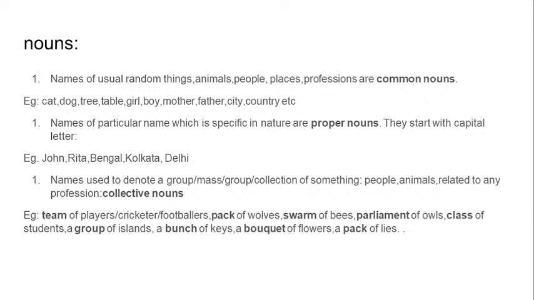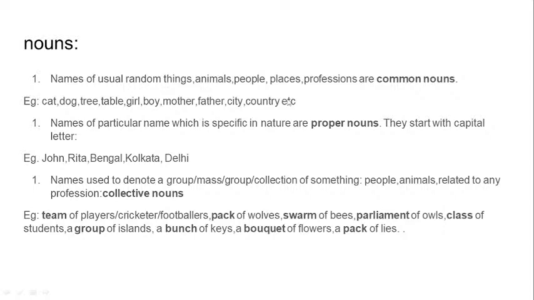We say we all went to visit Taj Mahal. So what is this Taj Mahal? This is the specific name of a monument, right? So this is a proper name, proper noun, and it always starts with a capital letter. Pay attention to that. John, Rita, Bengal, Kolkata, Delhi, whatever examples are there.